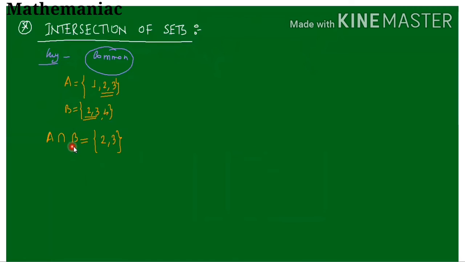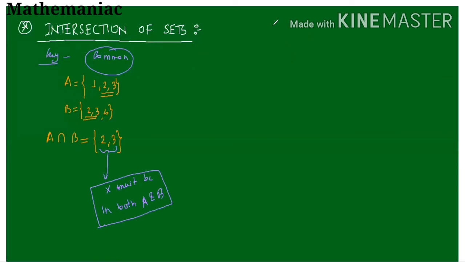Now try to be very sure. This time if I ask you to pick one element randomly from 2 and 3, from the intersection, you will be very sure that if I pick any x, x must be in both A and B, because you have taken it from the common part.